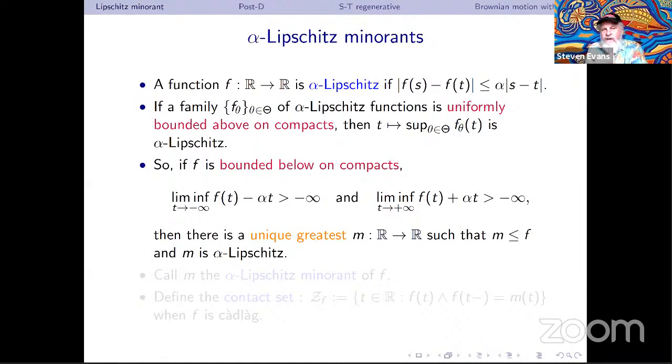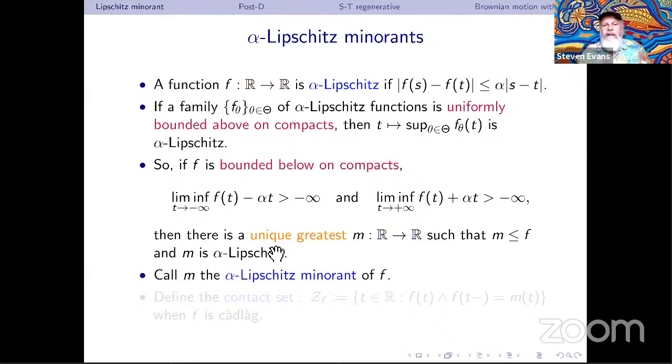And so we can consider the class of alpha Lipschitz functions that are dominated by f, that's non-empty, and we can take the pointwise supremum of that non-empty class of functions, and that will be the unique greatest function from the reals to the reals that's dominated pointwise by f, and it'll be alpha Lipschitz.